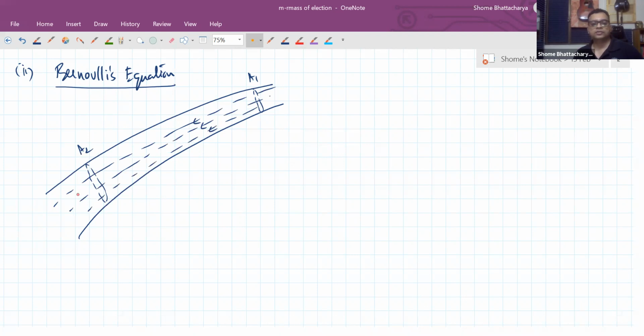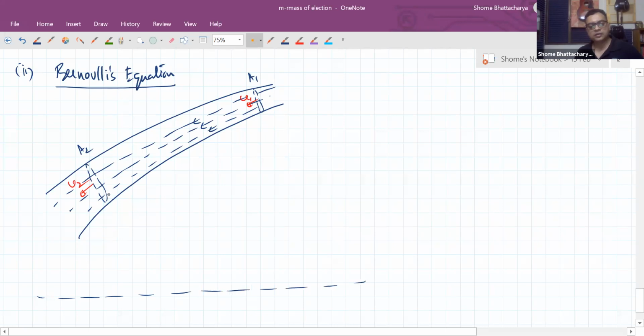Where the velocity of flow at this point is v2, the velocity of flow at this point is v1, and with respect to some reference level, this is at a height h2 and this is at a height h1.